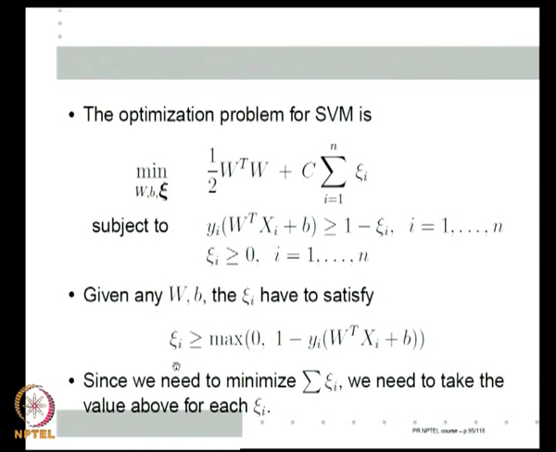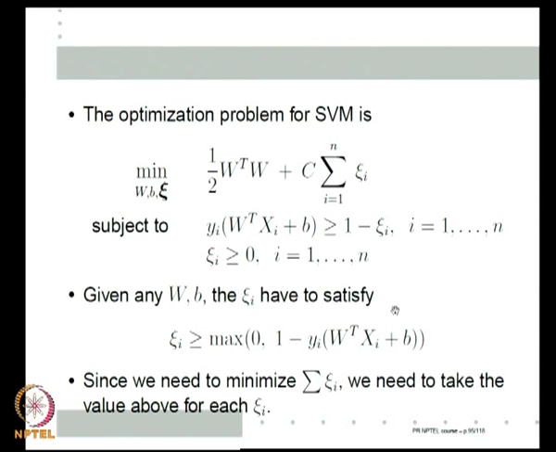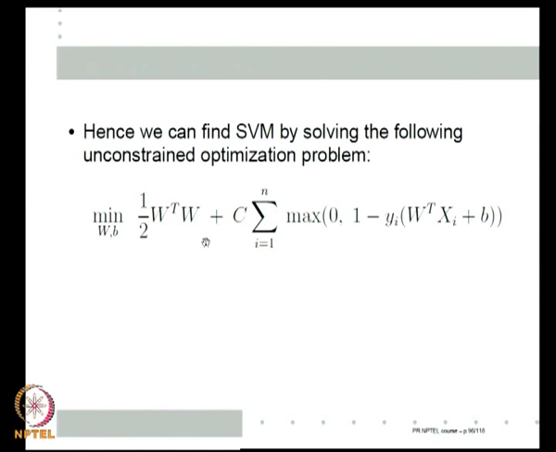I just need to choose this as my xi_i. So, given a W and b, this is the best choice for xi_i, and once I know the best choice for xi_i, I can put it there. Once I put it there, I have used up the constraints now. So, I can just do an unconstrained optimization. So, what this means is that solving the SVM problem, this constrained optimization, is the same as solving this unconstrained optimization.